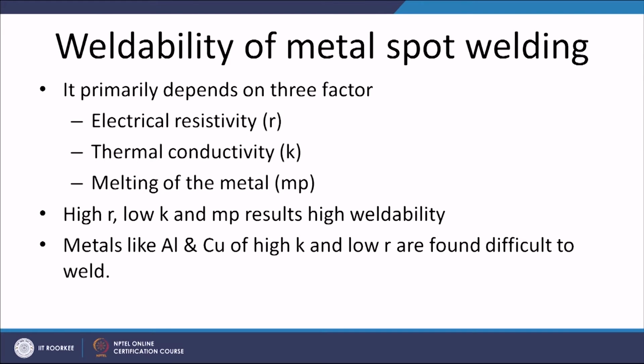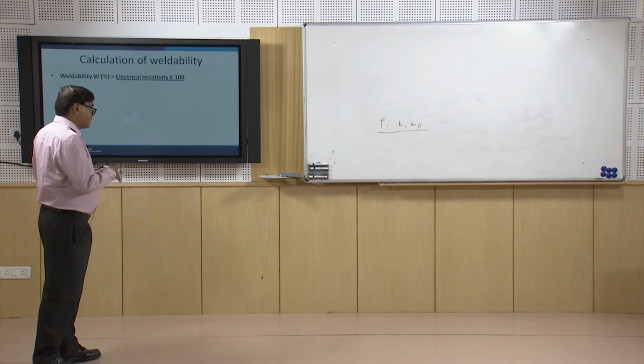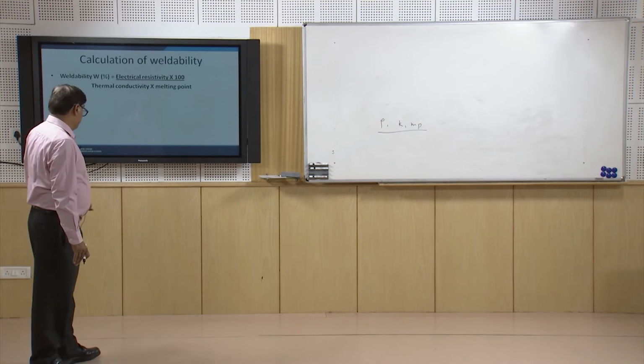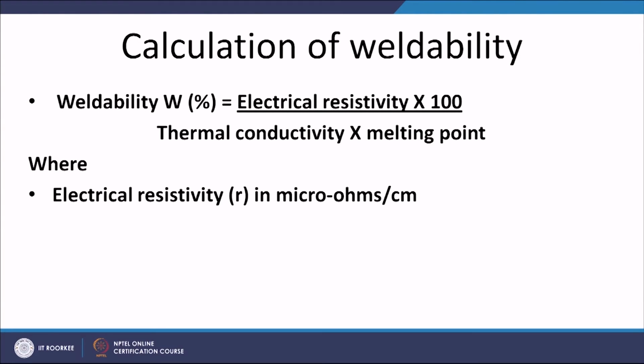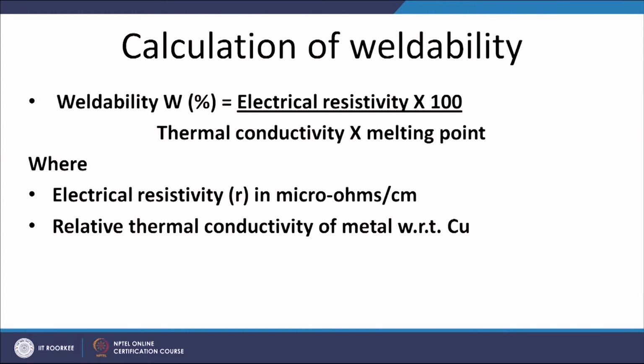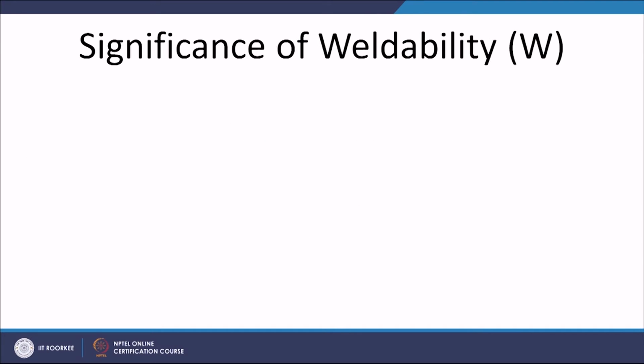That is what we will see from this equation: the weldability for spot welding can be checked using this simple formula, wherein electrical resistivity is divided by thermal conductivity into the melting point, multiplied by 100. This will give us the weldability W in terms of percentage. Here the electrical resistivity is in micro ohm per centimeter, the thermal conductivity is the relative thermal conductivity of the metal with respect to copper, and the melting point is in degrees centigrade.